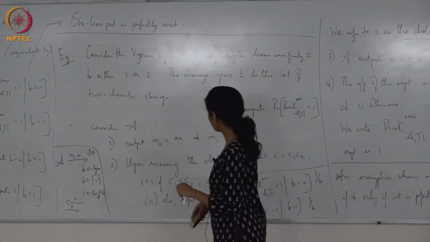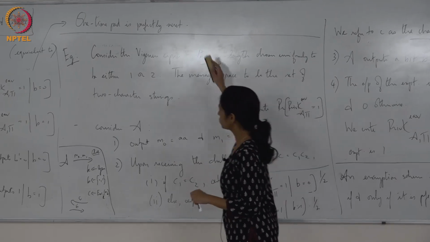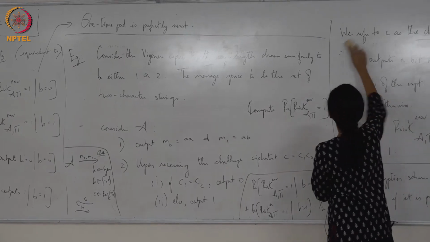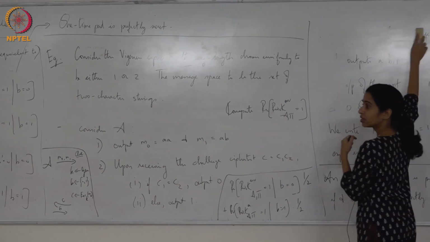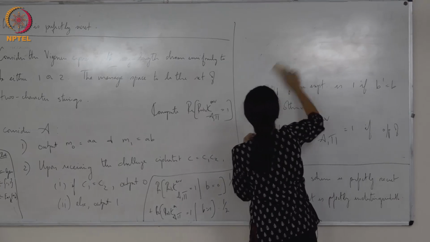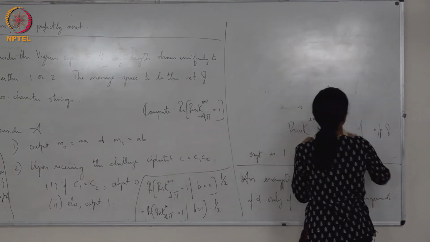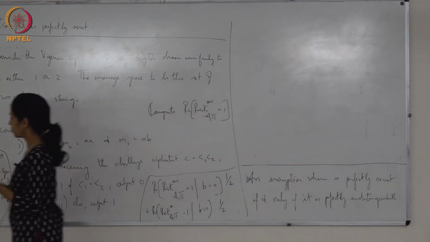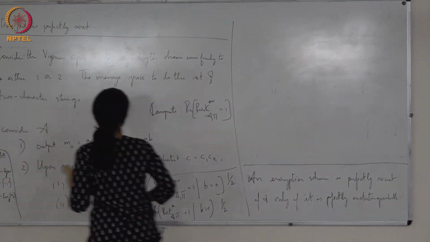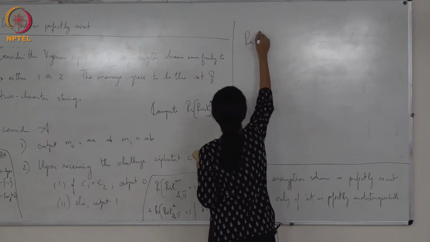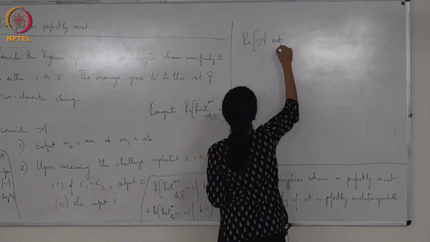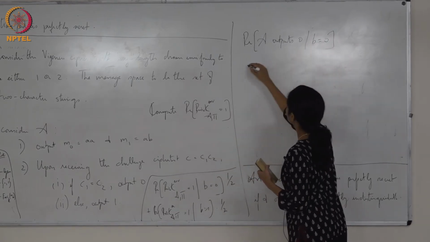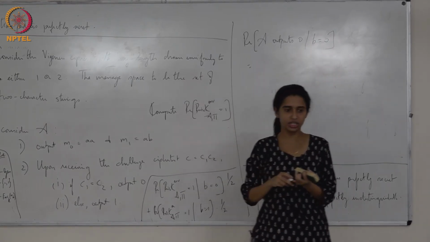Okay, so again, it looks like I have to keep this board, so I will move here, unfortunately. So now I want us to compute this probability. What is the probability A outputs 0 conditioned on b equals 0? Maybe take a minute to think about it.